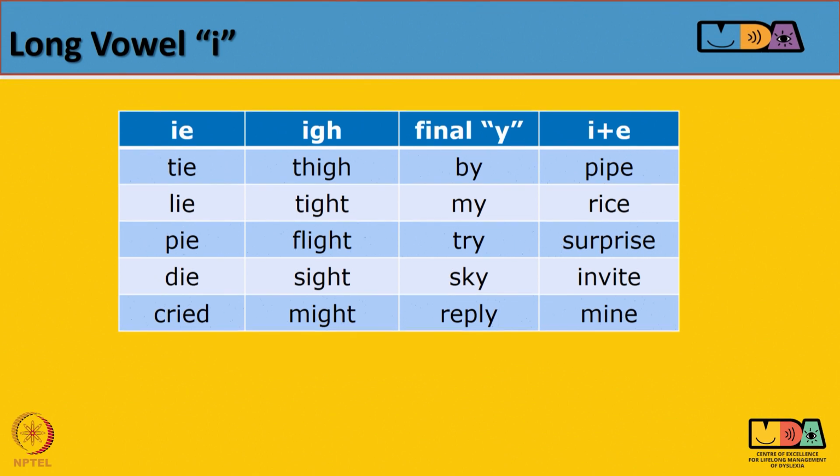All these words we can use different colors, and they all have the magic long vowel sound of I. It says its own name, right?